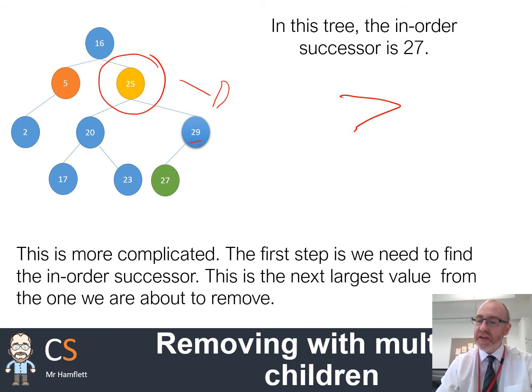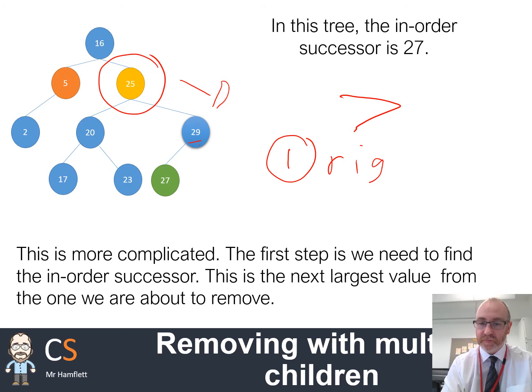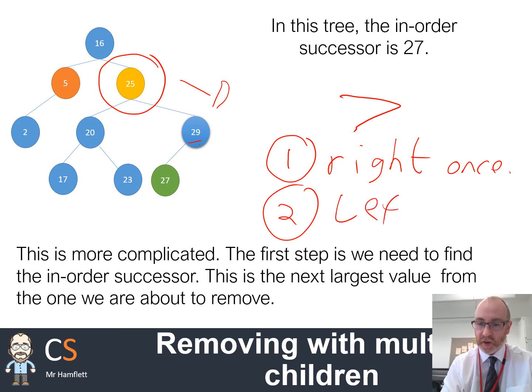However, that's not the next biggest number. So what I need to do is find the smallest number. This is where it gets a bit weird. The smallest number to the right of the node I'm removing is the in-order successor. The way to think about it: we go right once, and then we go left as far as we can.